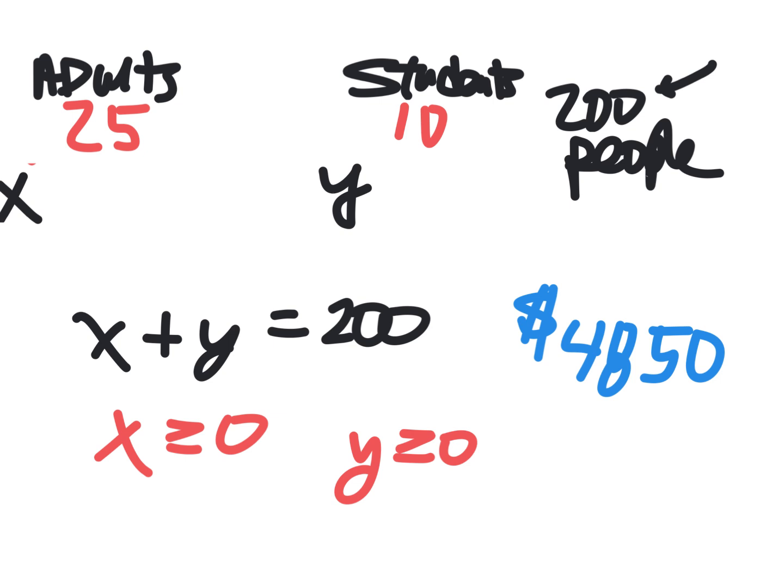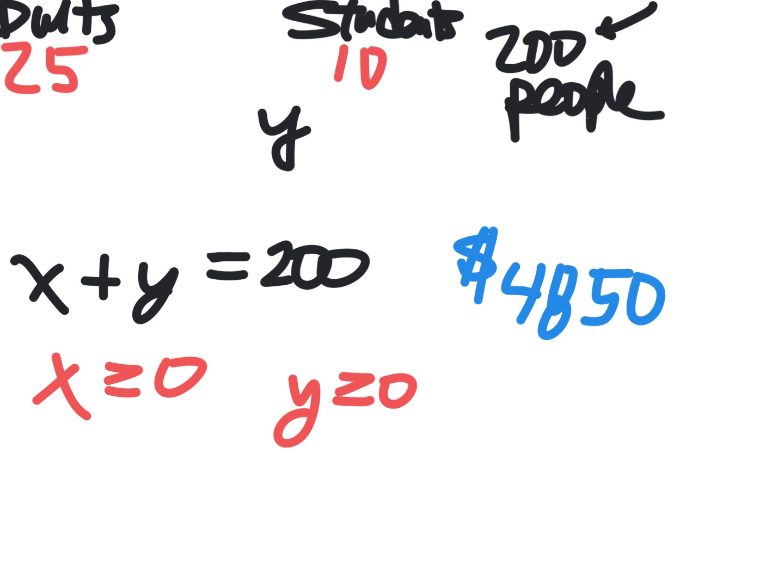There weren't 200 people, there were 200 seats. Then you could say less than or equal to 200 because, and again, in the real world, you might be able to have people in standing room only, but I don't know if they really sell them tickets. Okay, so I just wanted to show you how it could turn into an inequality.